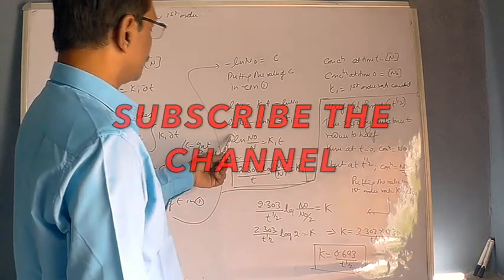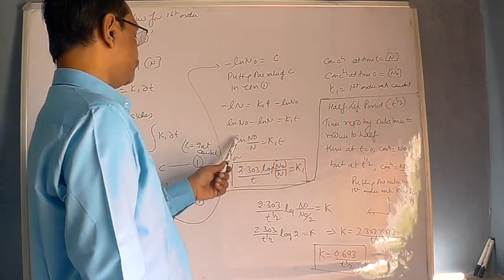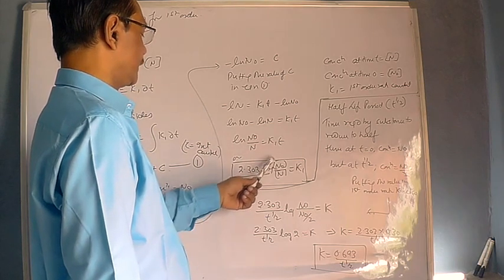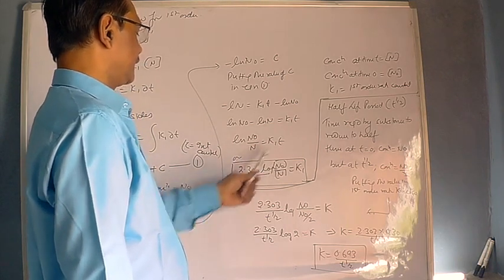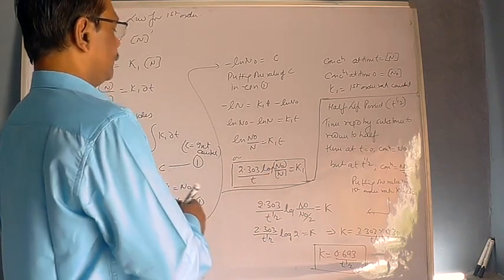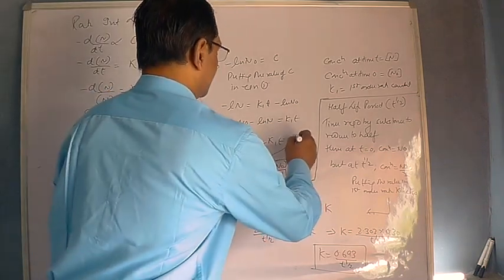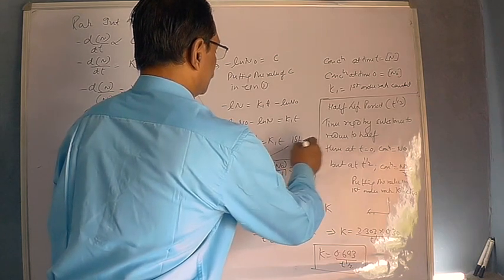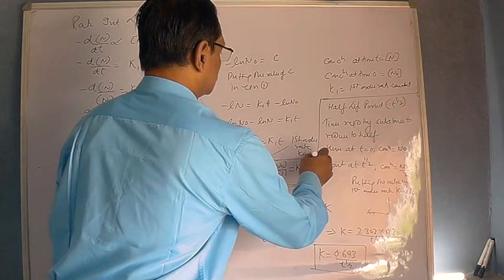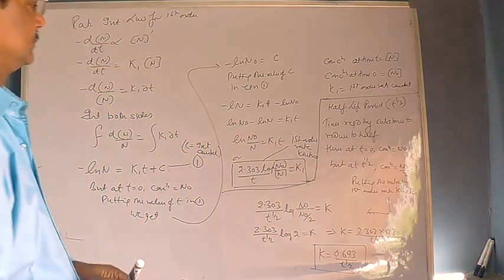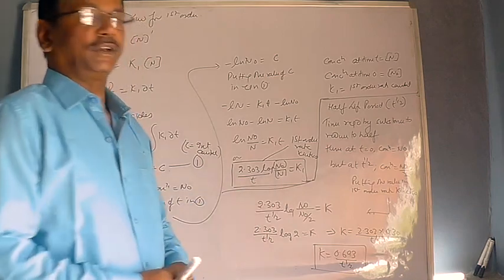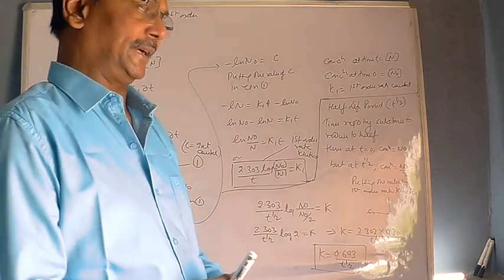If we convert natural log into log base 10, we get 2.303 log n0 by n, with t and k1 here. So class, this becomes your expression for first order rate kinetics. Very, very important formula. So k1 equals 2.303 upon t log n0 by n gives you the expression for first order rate kinetics.